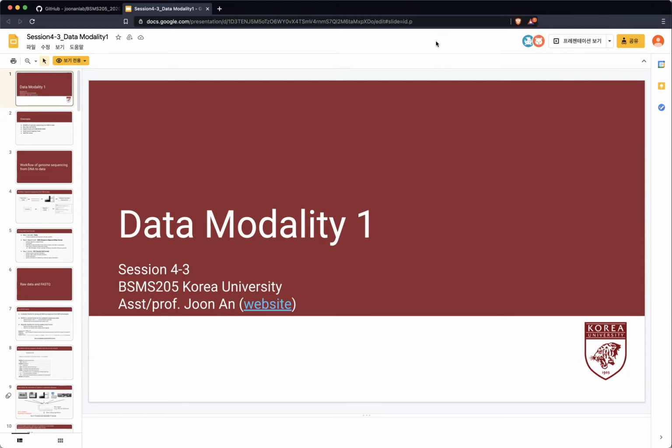So we are starting off by discussing the format of the sequencing data set we get from the next generation sequencing machine. I put the title called data modality, and this will cover various formats of files you get from the sequencing data set. The main idea of the course today and also next week is learning the different formats of the files.